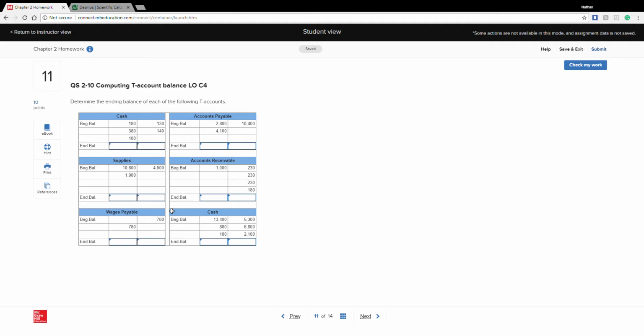So again, with T-charts, we must look at each side, and we must either add or subtract based on their actual numbers that they have, who they are, and the classifications.